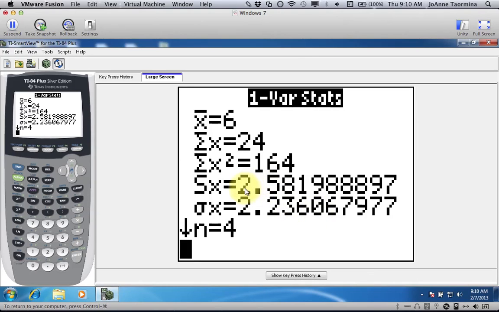Now, because we rounded our variance before we found the standard deviation last class, we don't have exactly the same values. The calculator is giving us more precise values than we got by hand, because we had to round the variance before we took the standard deviation. The calculator gives you a quick and easy way, and it's actually more precise. It's a good way to check your work.